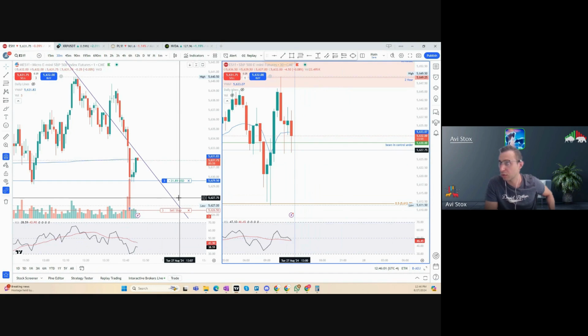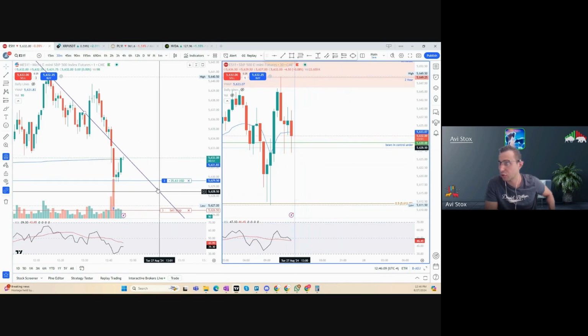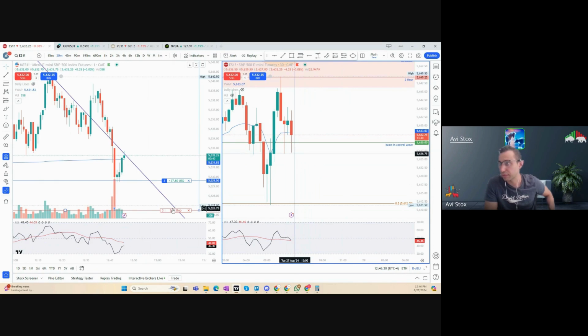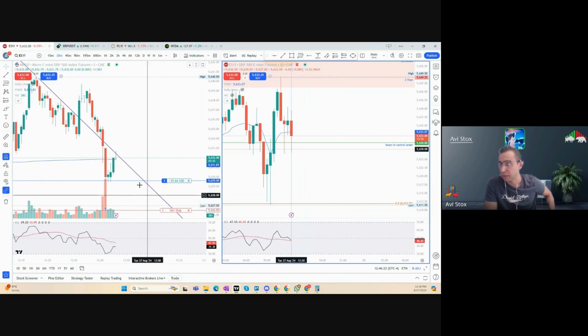One second, hold. Okay, perfect. That was good. Now it just needs to rally and break this trend line. Perfect, that's breaking it a bit. Not fully as of yet, but it's doing some job of that.